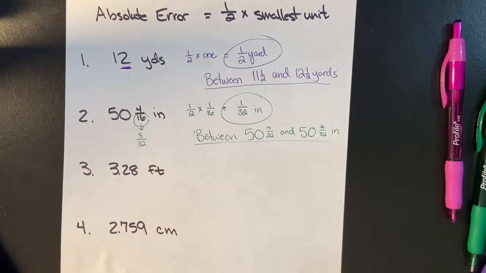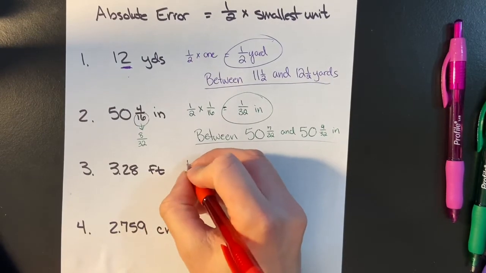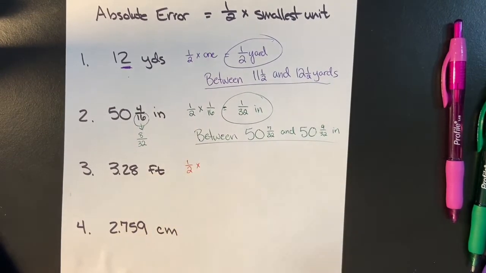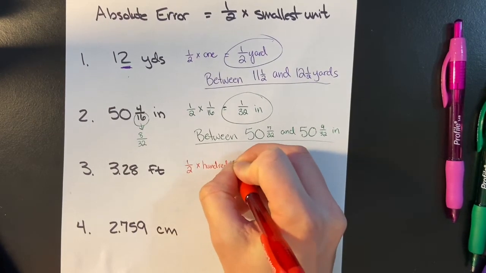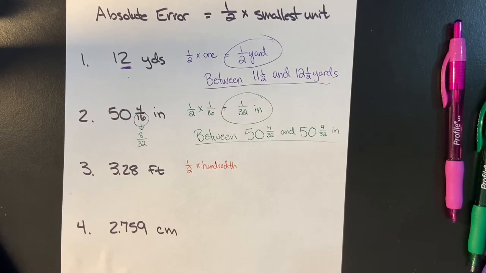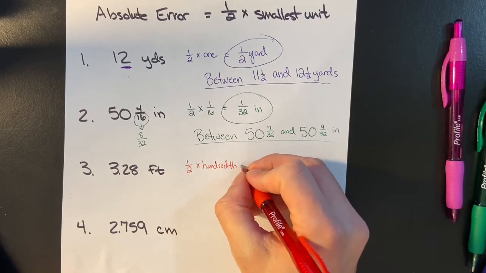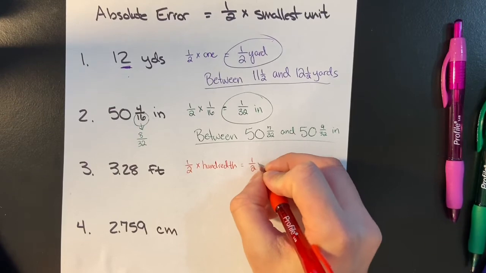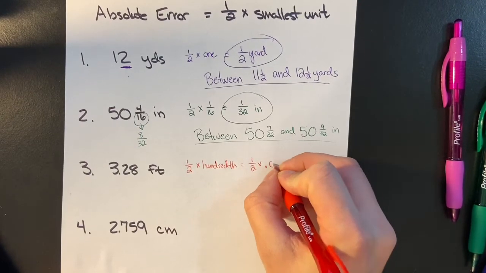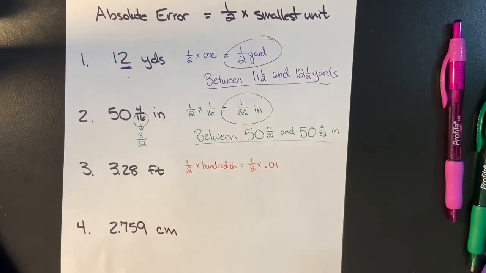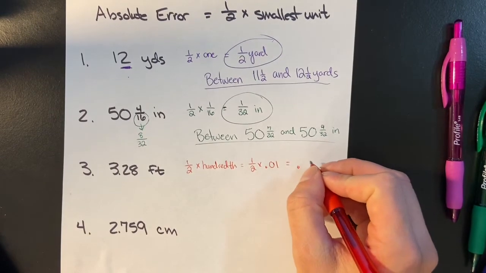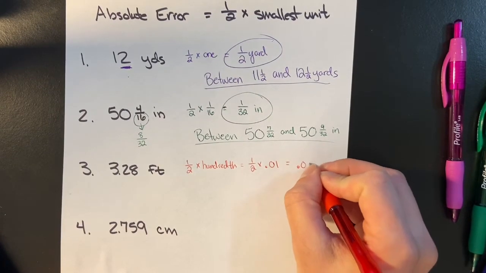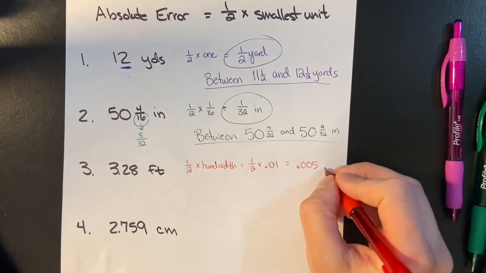So the smallest unit is half of a hundredth, which means half times 0.01, which is the same as 0.005. What is this? Feet.